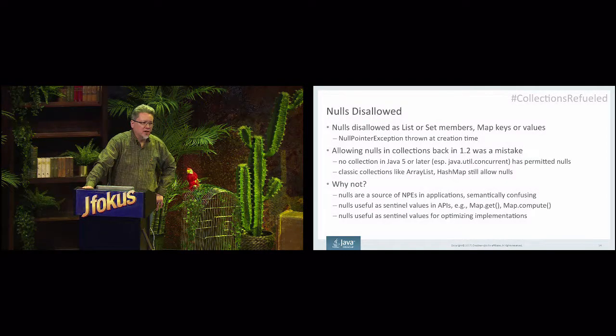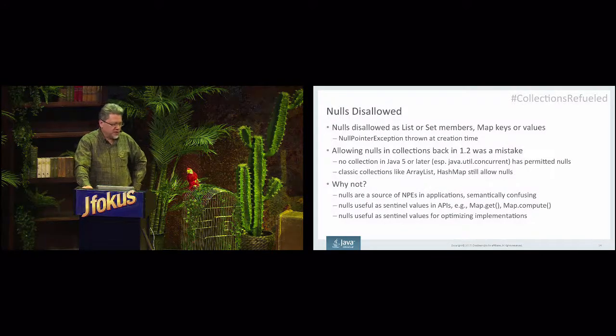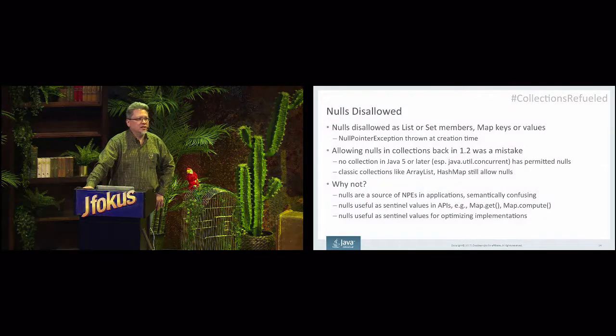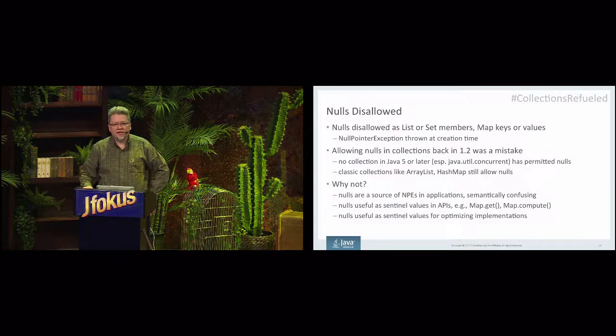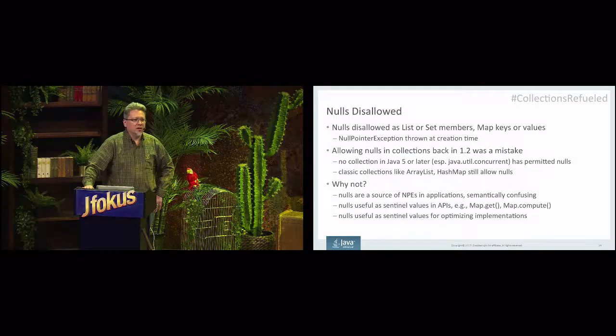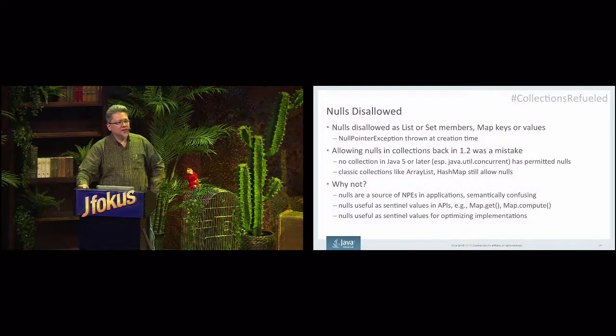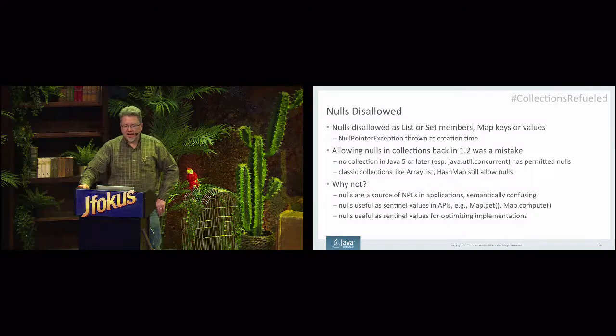All references are nullable by default, and there are continued arguments and discussions about what to do about that. And in 1.2, unfortunately, the initial collections implementations and the most frequently used ones, like ArrayList and HashMap, do support nulls. And in retrospect, I think this is widely regarded as a mistake.